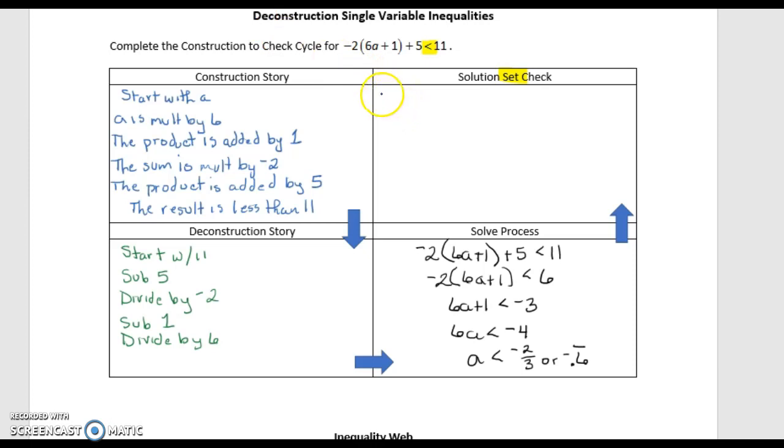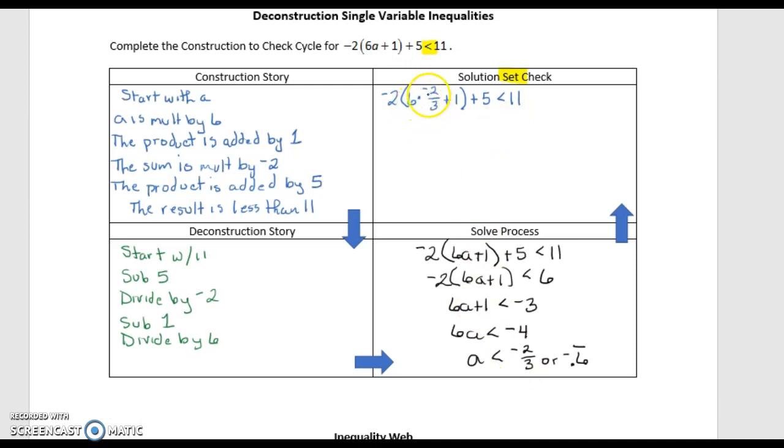And so I'm going to have -2 times 6 times -2/3 plus 1, in parentheses, plus 5. And we want to see if this is equal to 11, because that's what this is actually telling us.